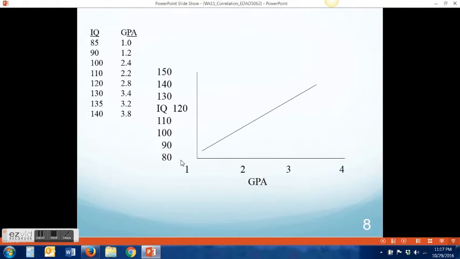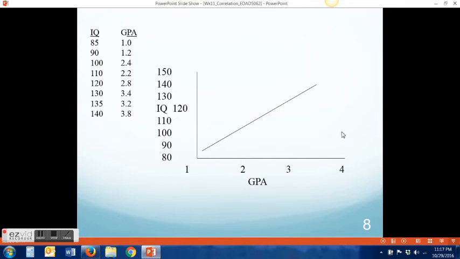Right? We've got a 1.0 having a relationship about 85. A 2 has a relationship of about 100. A 3 has about 120 or 130, and so forth.